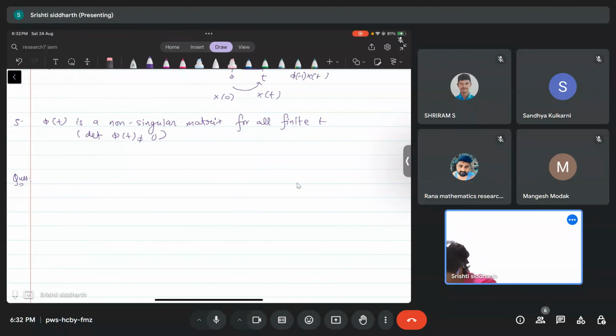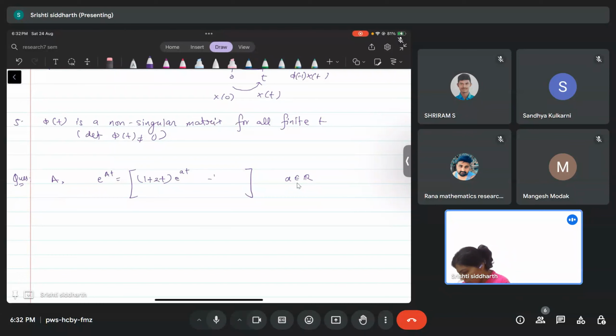Okay, so you have a system which has some A matrix, and what we are given is the state transition matrix e to the power At. Okay, so this is given by 1 plus 2t times e to the power at, where a belongs to the real numbers.